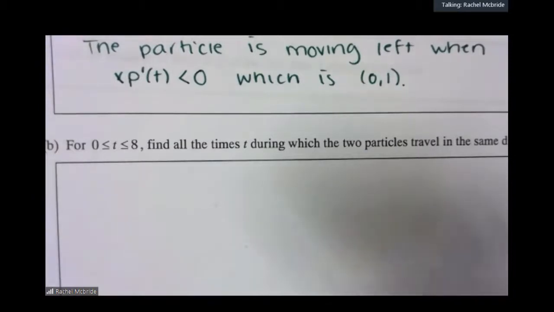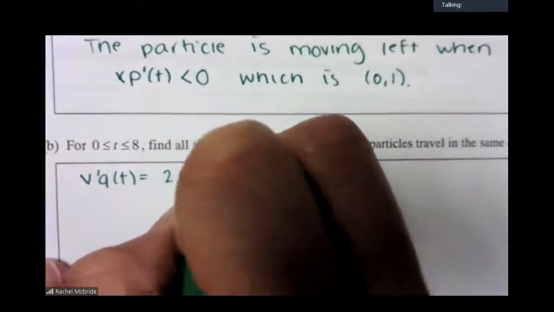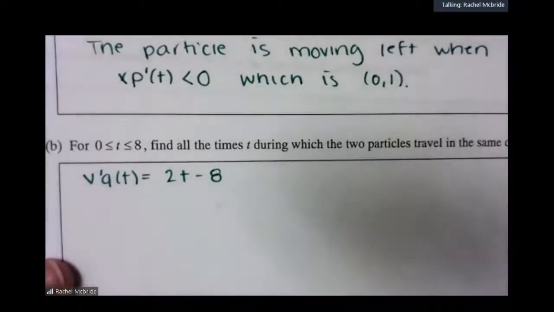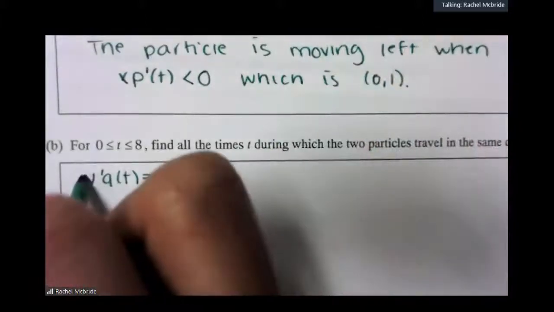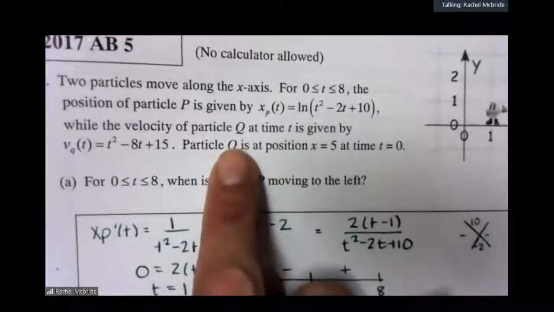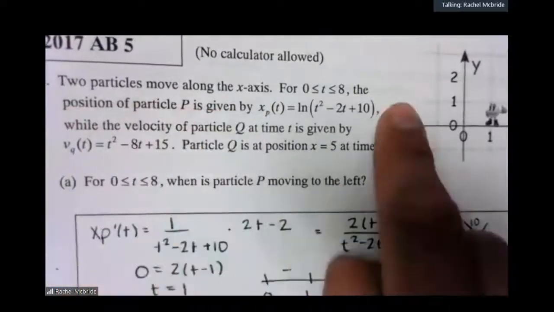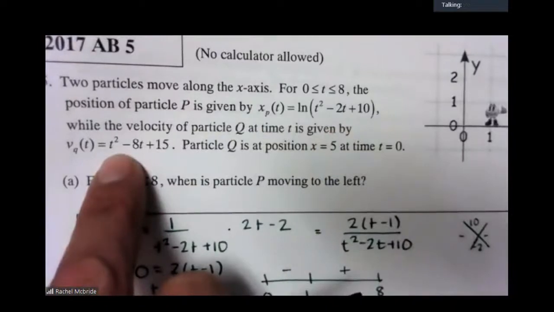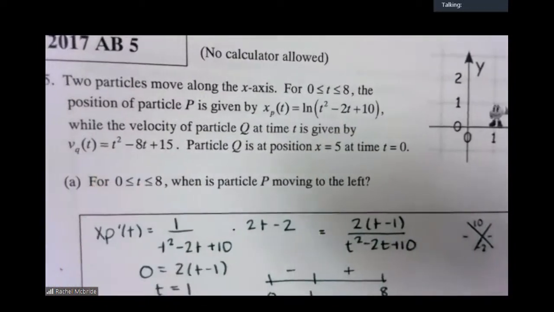Now we need to find the direction of travel for Q. So the derivative of Q, sorry, they actually gave me the derivative of Q. I just went back and reread because this is the position, this is the velocity. So therefore, that is my derivative.